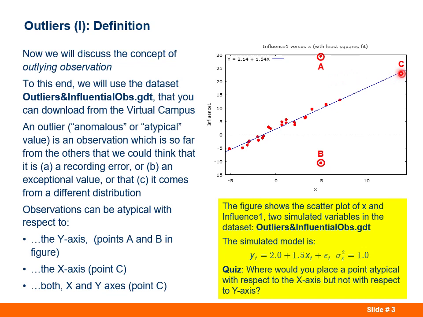On the other hand, C is atypical not only with respect to the y-axis, but also with respect to the x-axis. This is the model that has been simulated in this case. As you can see, the constant term value is 2, the slope is 1.5.